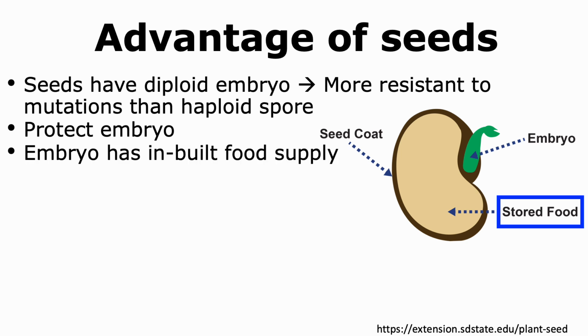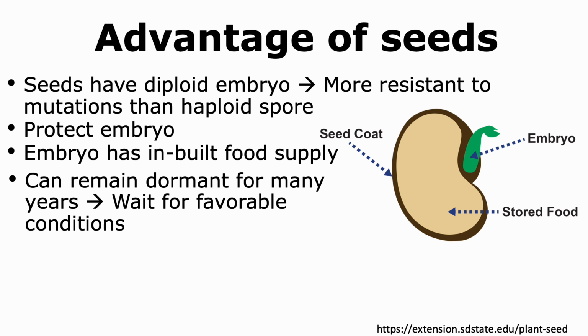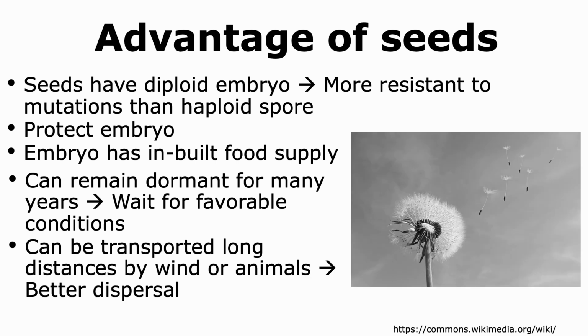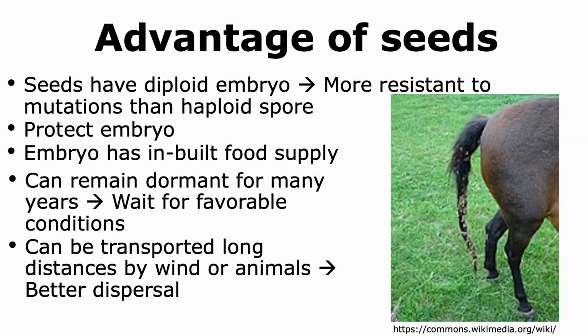The embryo has an inbuilt food supply in the seed and can remain dormant for many years and hence wait for favorable conditions. One big advantage of seeds is that they can be transported to long distances by different media. These include wind as well as animals. Thus, the embryo can be dispersed to many different locations farther away from the parent plant.